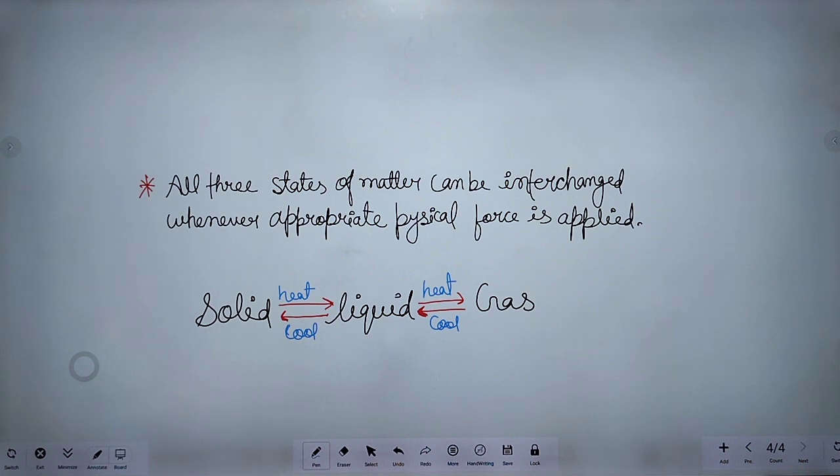So these are the physical forces which can be applied on all three states of matter, so that they can be interchanged, okay.